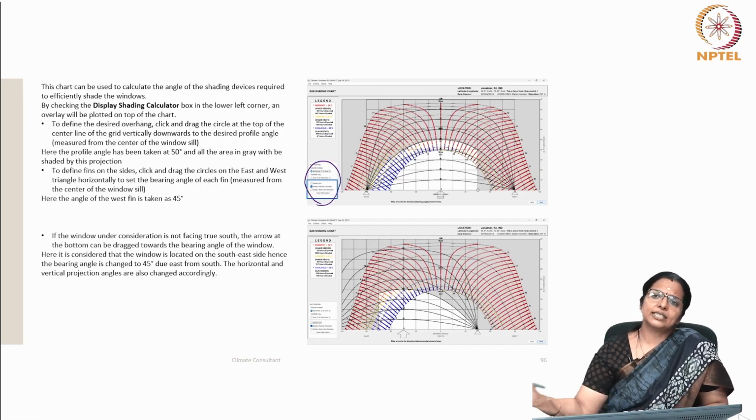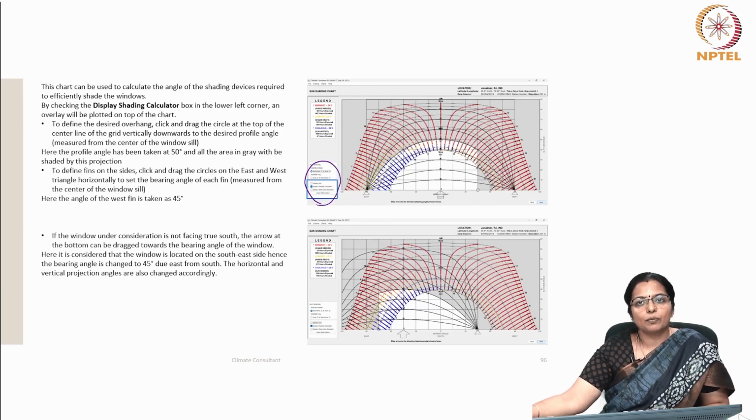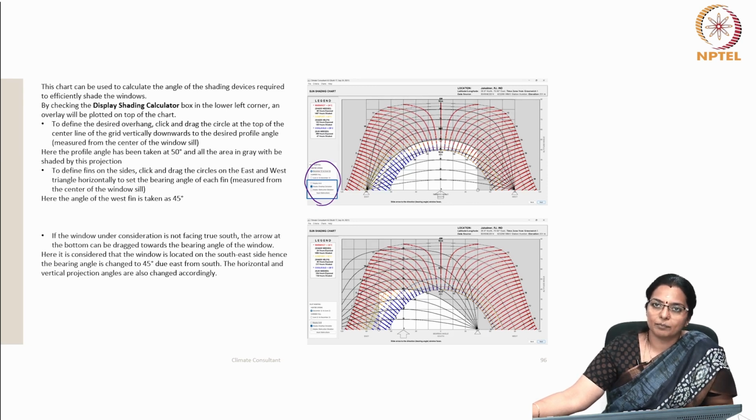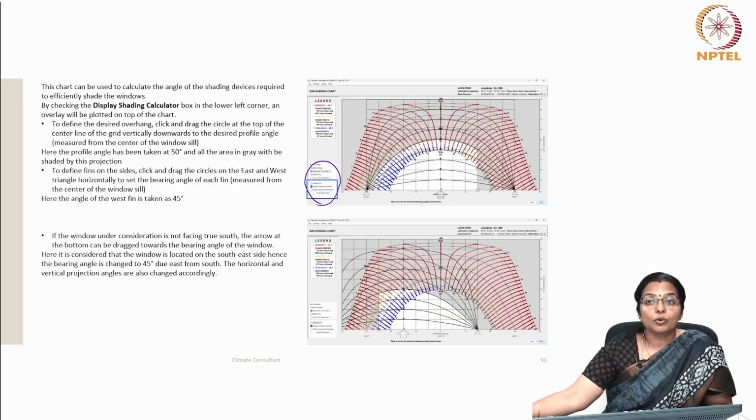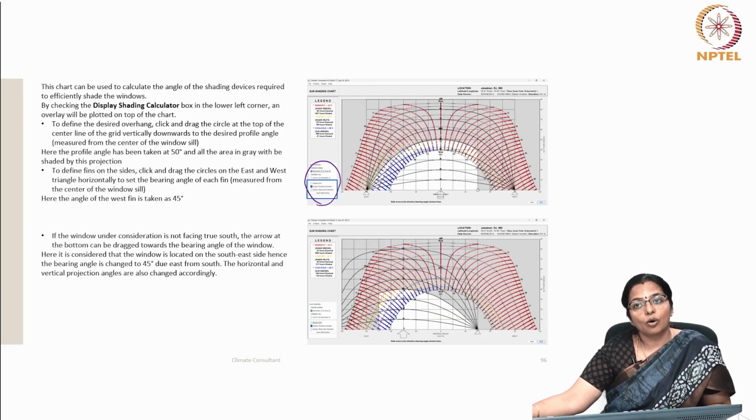To define the desired overhang, just click and drag the circle at the top of the center line of the grid vertically towards the desired profile angle measured from the center of the window sill. Here, the profile angle has been taken at 50% and all the area in grey will be shaded by this projection.